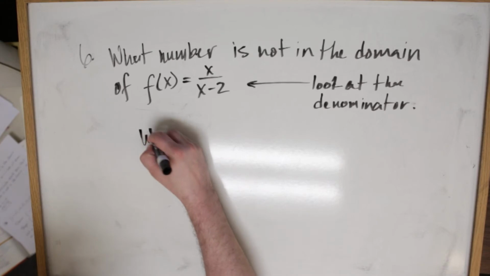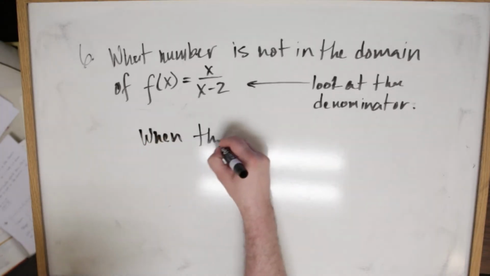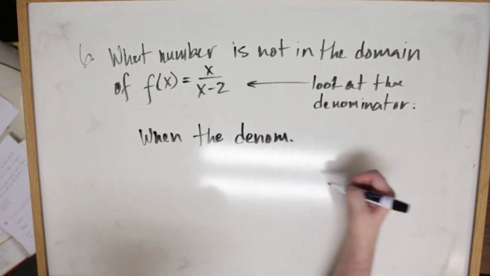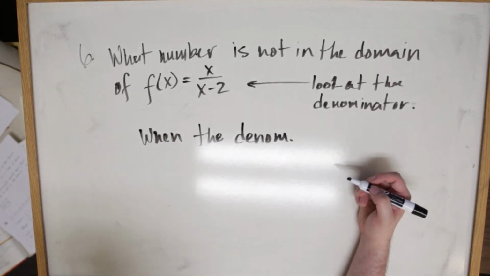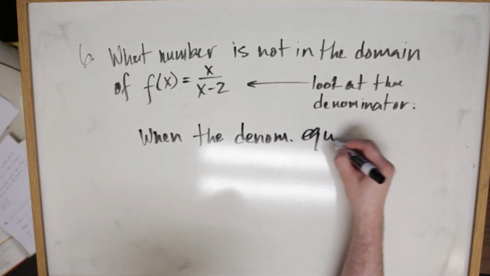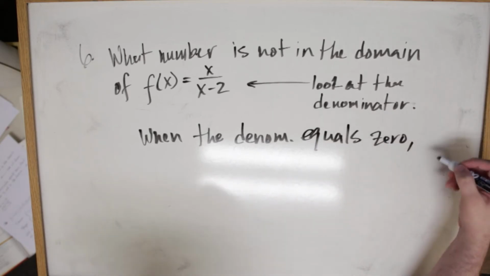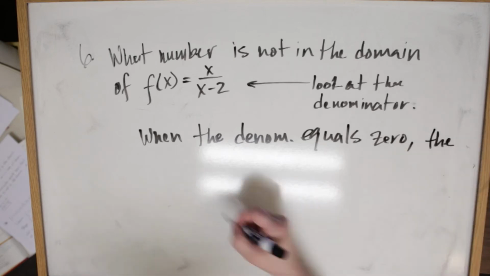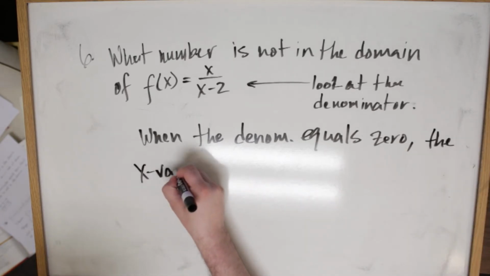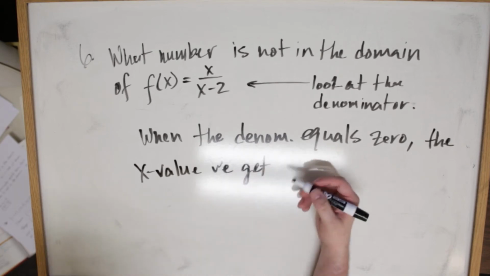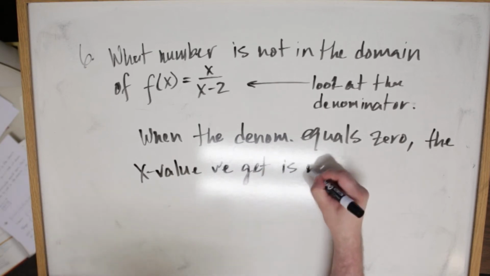So when the denominator, I'm going to shorthand it and say denom, equals 0, the x value we get when we solve is not in the domain.